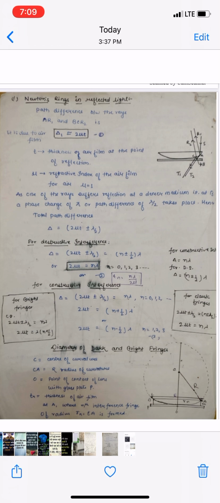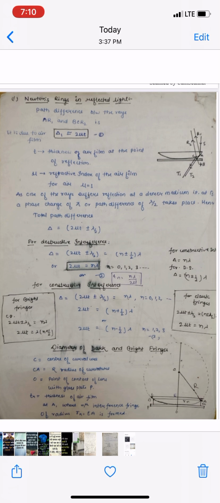I would like to tell you that the path difference between the reflected rays R1 and R2 comes out to be 2 mu t. This is the formula that we derived in class 12th.